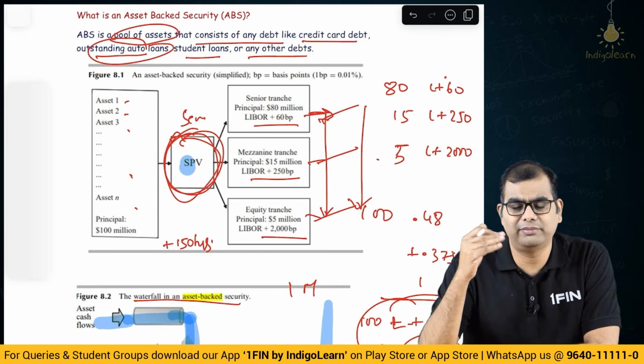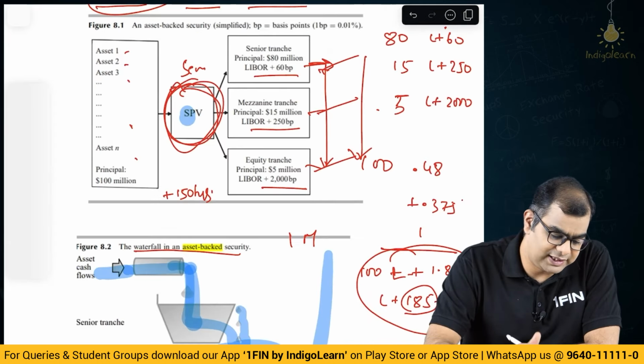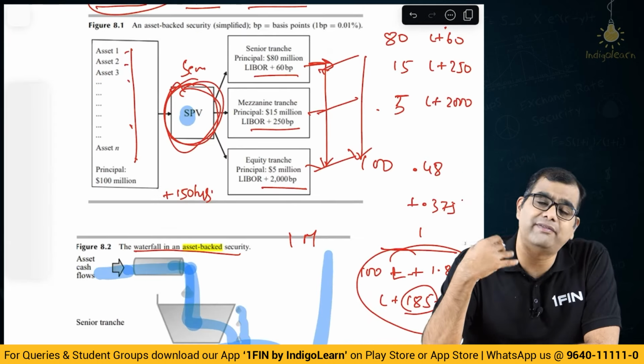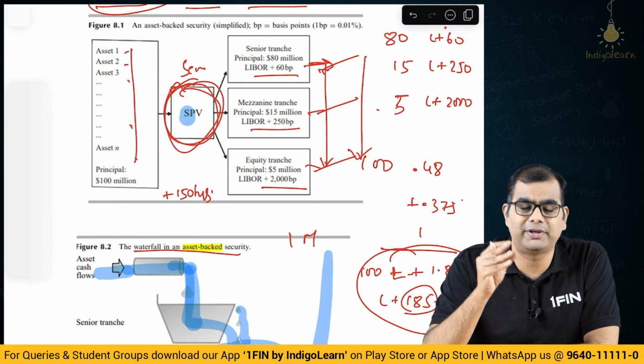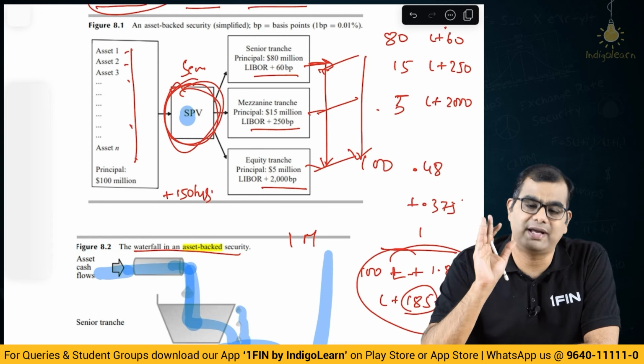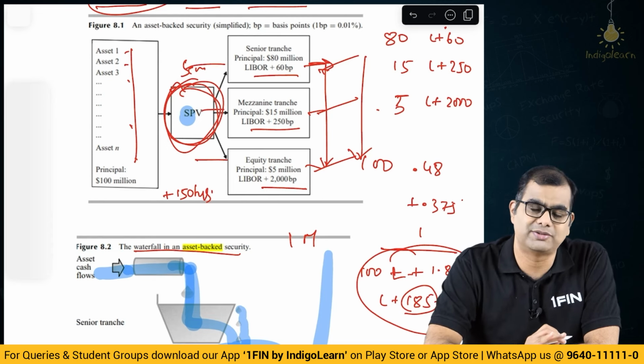It can be housing, it can be normal commercial also. So if all these assets, instead of being varieties of loans, are only mortgage loans, mortgage of house property, mortgage of commercial real estate or anything like that, then it is called a mortgage-backed security.